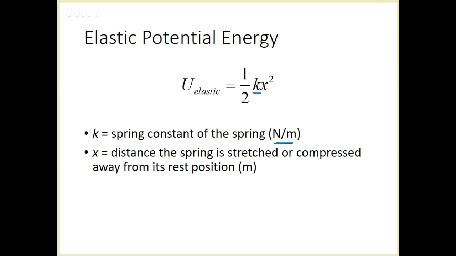That's not to say that I always have to compress or stretch it 1 meter. For example, if it is a spring constant of 10 newtons per meter, any guesses as to how much force it will take to stretch it 1/2 meter? Yeah, 5 newtons. Done. Easy.